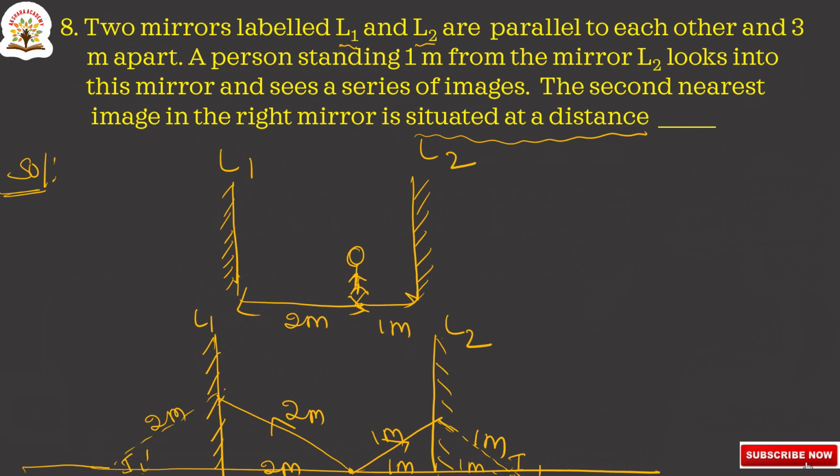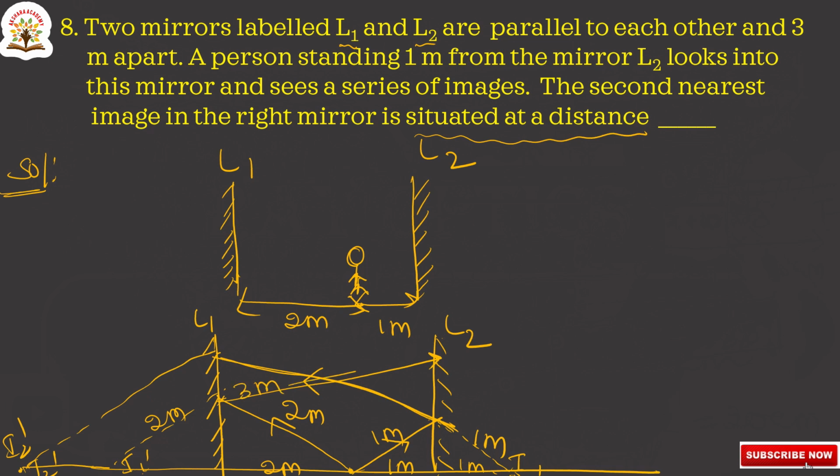And the next, again taking the complete distance, 3 meters total from here to here, and it is reflected. This point is I2 dash, and from here to here total 3 meters incident on the second mirror.